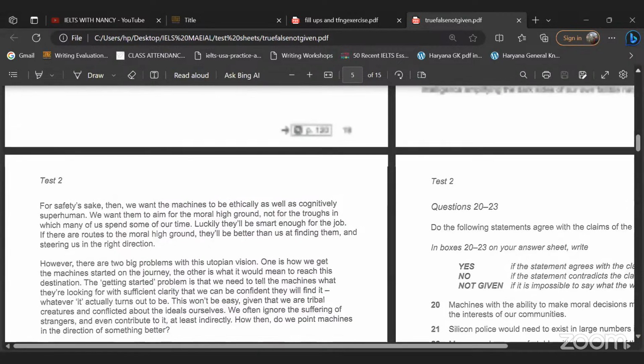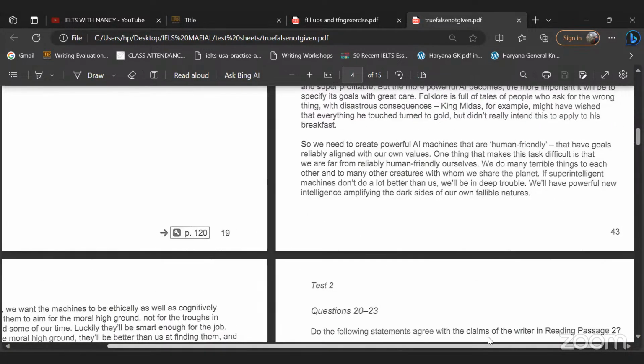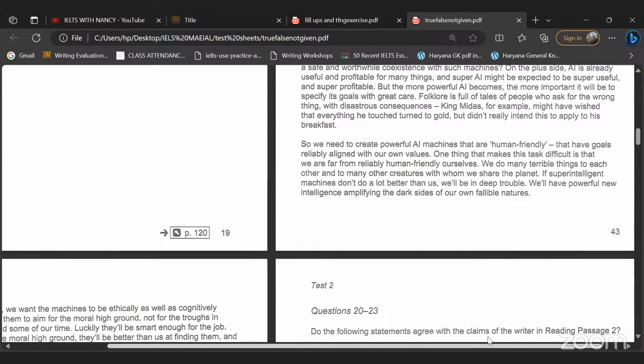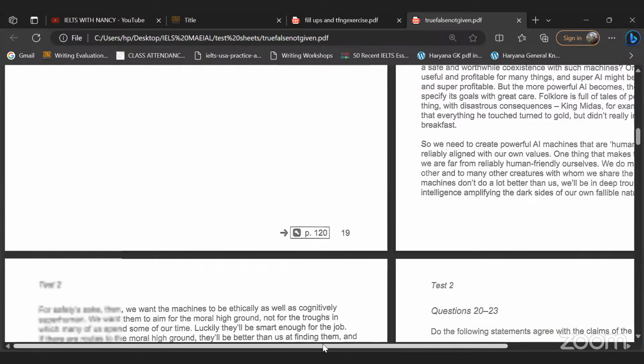So let's read out this paragraph now. So we need to create powerful AI machines that are human friendly, that have goals reliably aligned with our own values. One thing that makes this task difficult is that we are far from reliably human friendly ourselves. We do many terrible things to each other and to many other creatures with whom we share the planet. If super intelligent machines don't do a lot better than us, we'll be in deep trouble. We'll have powerful new intelligence amplifying the dark sides of our fallible natures.